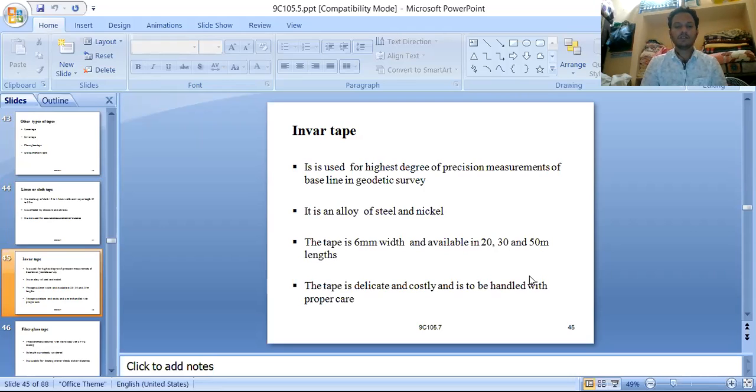The tape is delicate and costly and it is to be handled with proper care. In so many competitive exams, we may come across objective questions like what is the tape which gives high degree of precision in the linear measurement. In such cases, we have to give answer as invar tape.